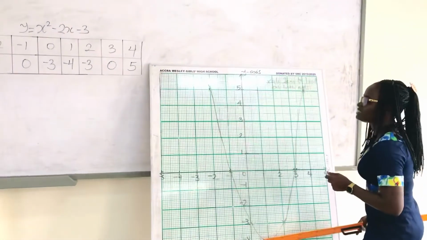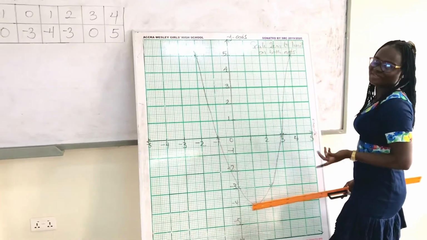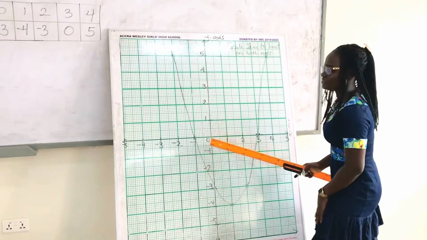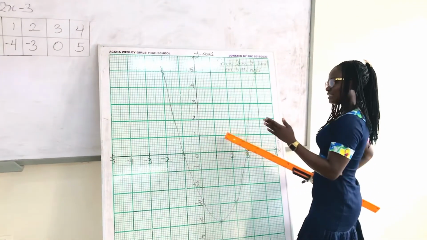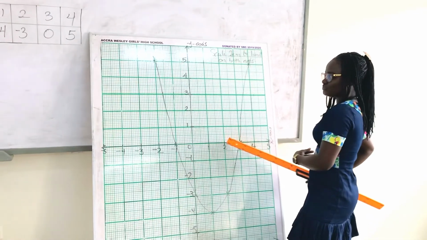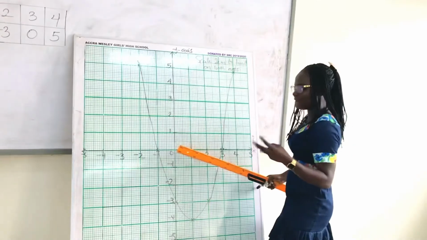The next is when x is 2, our y is negative 3. How do we locate them? The same origin. We jump 2 times towards the right-hand side to land on 2. Then the same origin, jump 3 times.